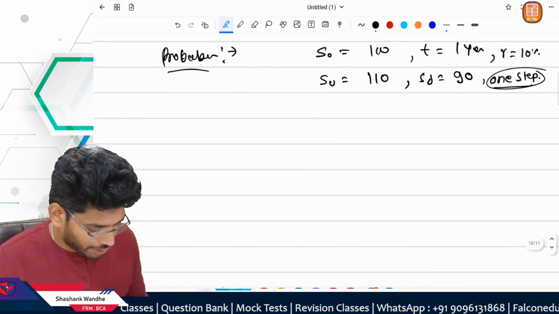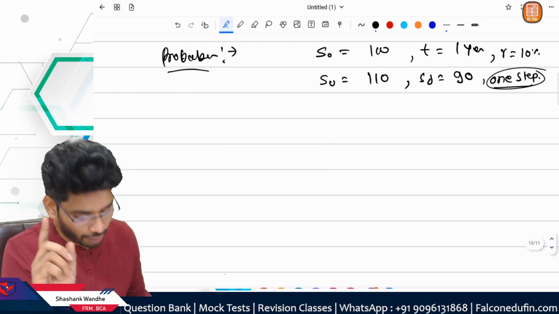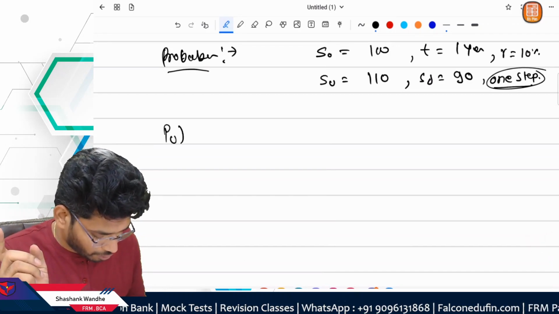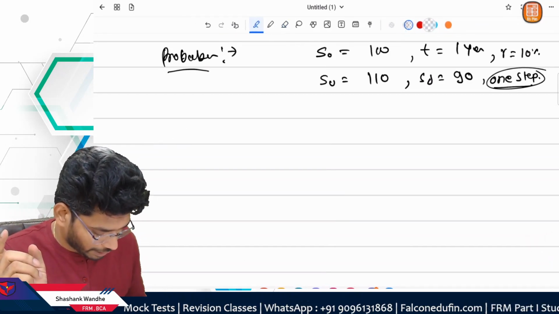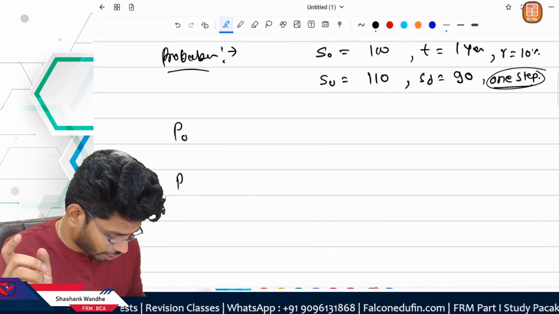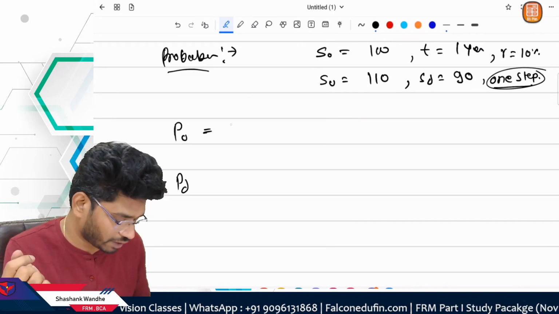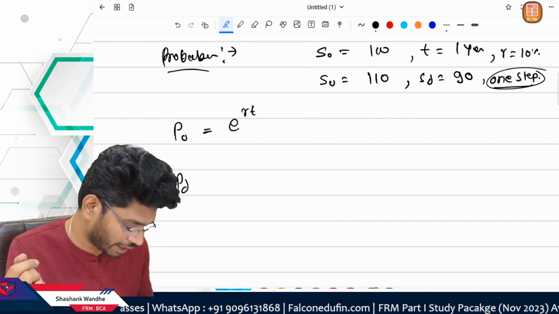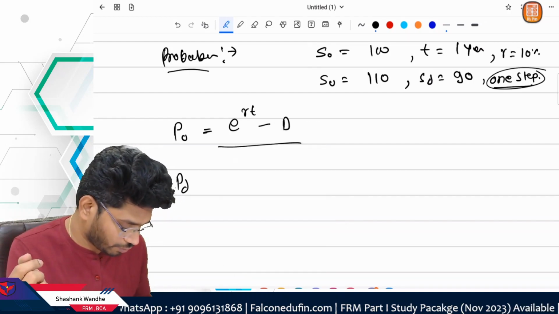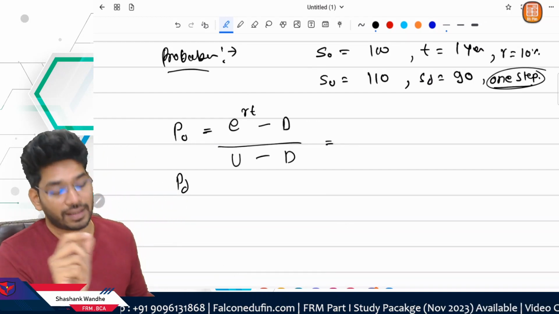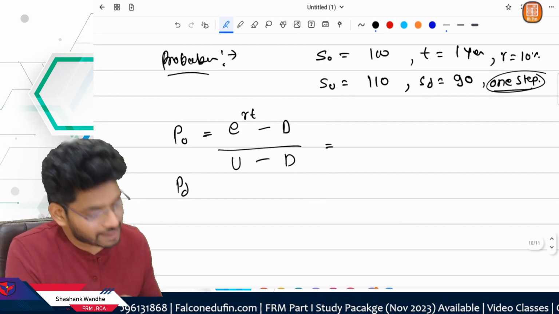For the probability calculation, we first need the formula. The probability of upward movement is e to the power RT minus D, divided by U minus D, assuming the risk-free rate is continuously compounded.